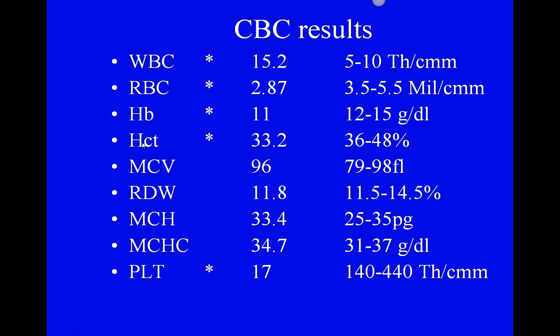And because red blood cells are the primary blood solid, and hematocrit is a ratio of solids to liquids, it would also be low. When we had the lecture on red blood cells, we talked about the pattern between hematocrit and hemoglobin. If I know the hemoglobin, I can multiply it by 3 to estimate hematocrit. If I know the hematocrit, I could divide it by 3 and estimate the hemoglobin.